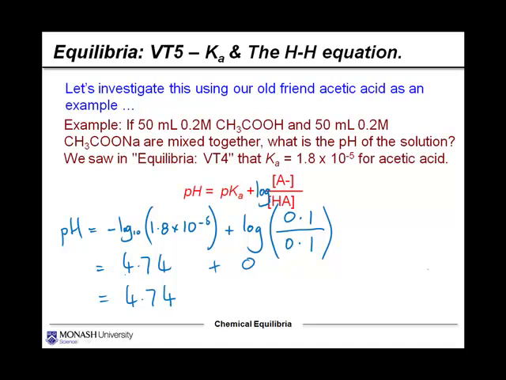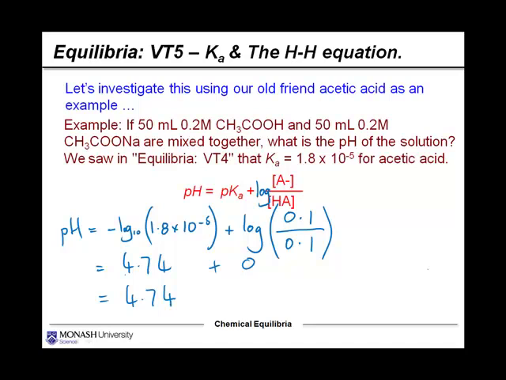Now, hopefully you watched the previous video tutorial where we determined the pH of acetic acid when it was by itself in water. And we saw that the pH of 0.1 molar acetic acid was about 2.9. In this case here, when we throw in that buffer, you can see that the same concentration of acetic acid is only giving us a pH of 4.7.